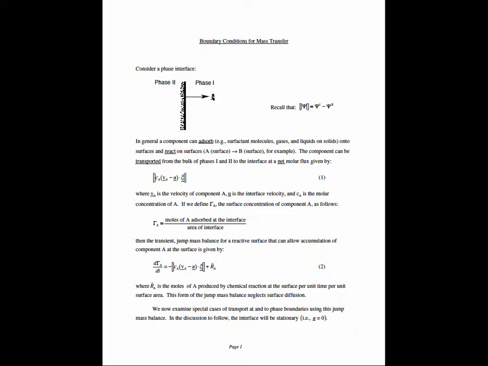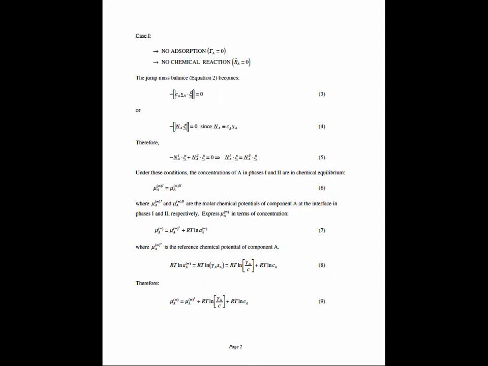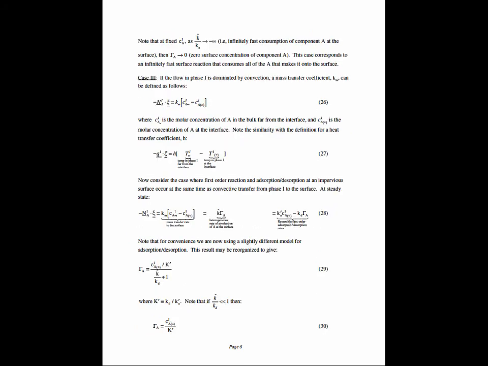and can be a model system for catalytic surfaces. We were considering the last case in the notes, and that's a case where we have flow in phase 1, that is in the fluid phase, dominated by convection.